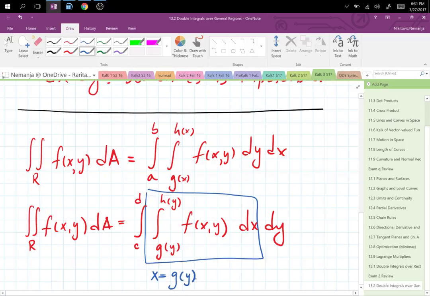You are not always able to switch from y as g of x to x as g of y. Not every function has an inverse. And that's why sometimes it's impossible to change the order of integration. And sometimes it's a living nightmare, and sometimes it's actually helpful.